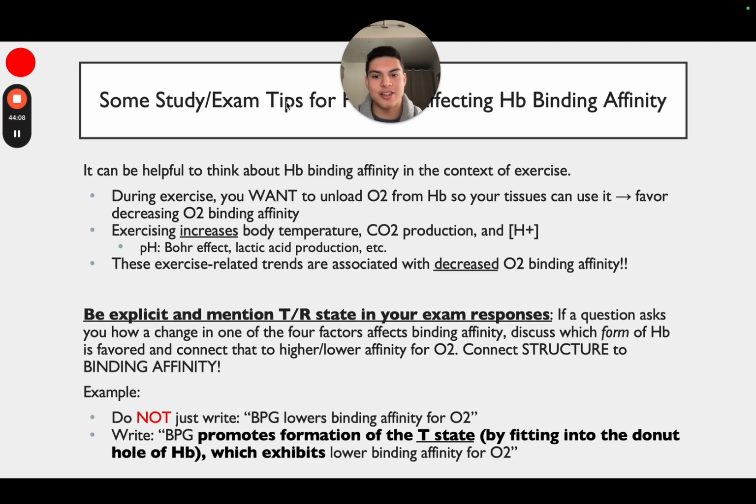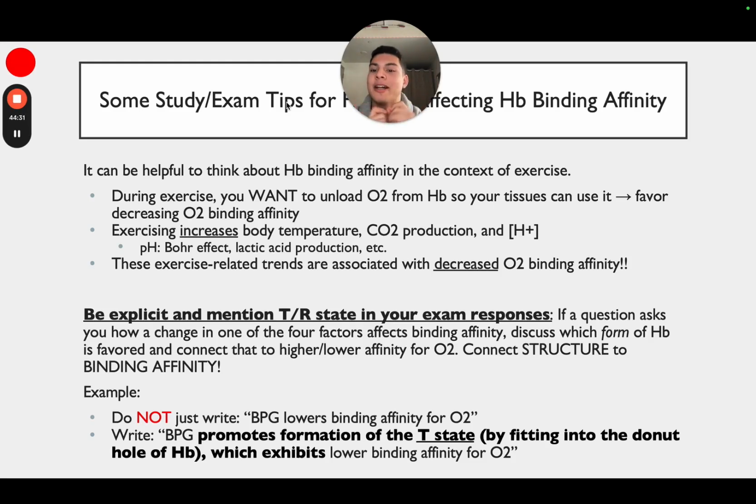Exercising increases body temperature, CO2 production, and acid, which you can think of as lactic acid, so proton concentrations. These exercise-related trends are associated with decreased O2 binding affinity. So you can always ground these in exercise, and it'll just make sense.